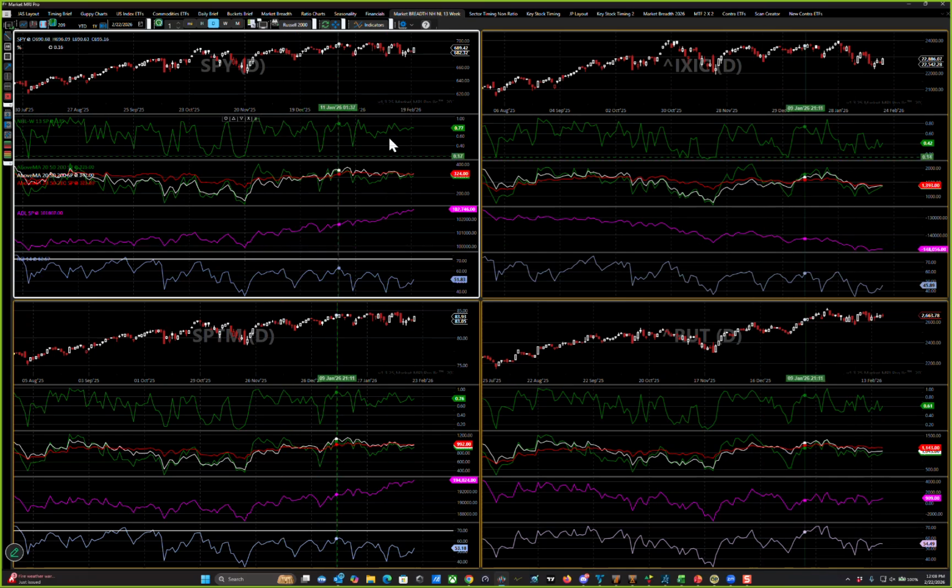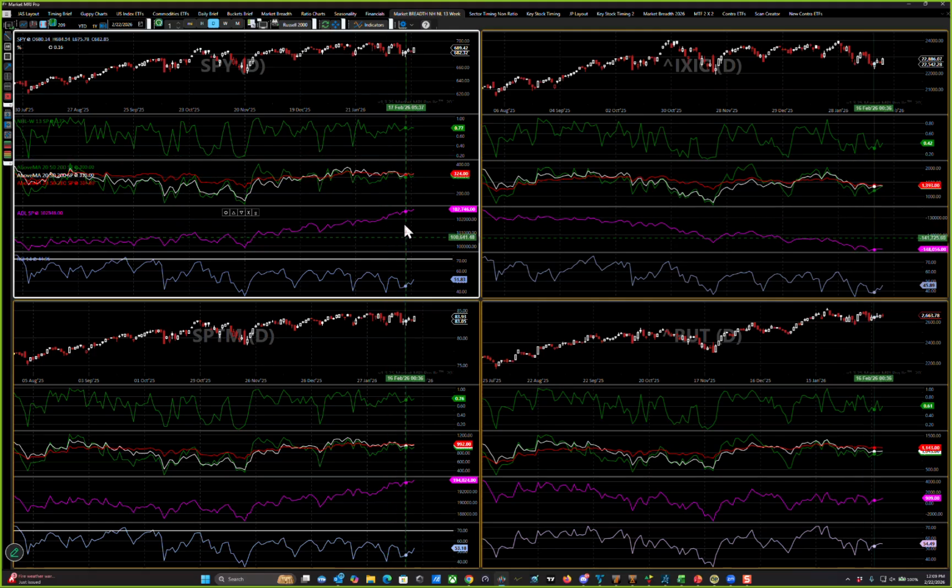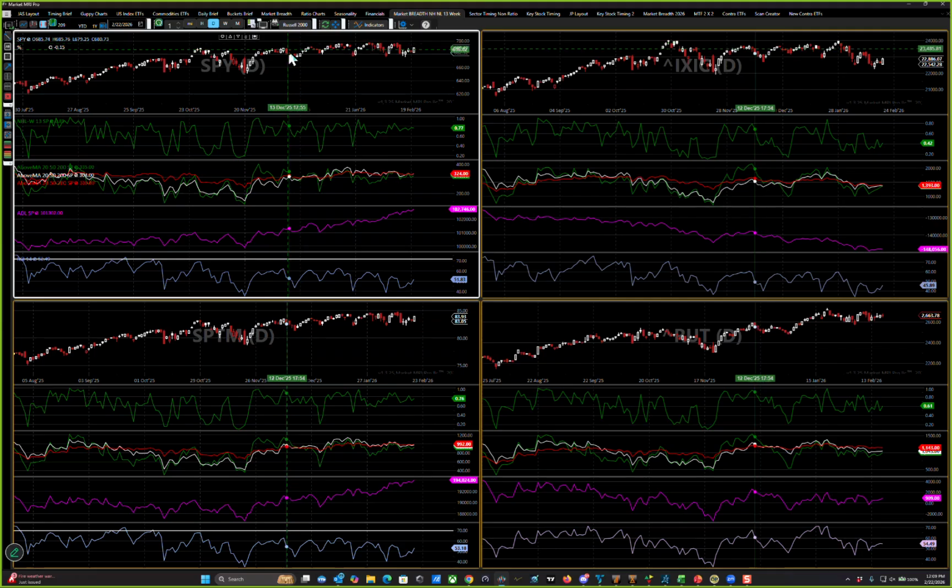And I've just got here new highs, new lows, stocks above the moving averages, AD lines, and the RSI. Again, I'm playing around trying to decide if there's anything else that passes my muster to get added to the main market breadth tool.